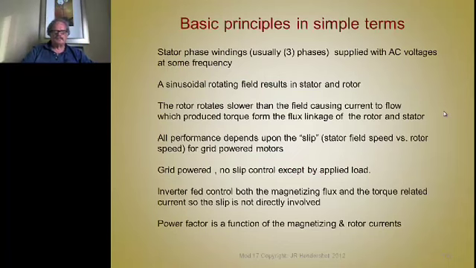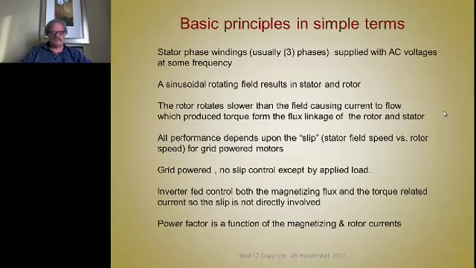In simple terms, the basic principle of how an induction motor works is you have stator phase windings, usually 3 of them, supplied by AC voltages at some known, specified or controlled frequency. The resulting sinusoidal field created by the AC voltage manifests itself in both the stator and the rotor.